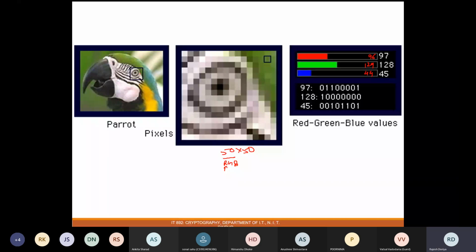So this is how people send information securely to the other end. Okay, so 0 represents the black color, and 255 represents the white color. So this is how things can be sent securely, and this is an example of steganography.